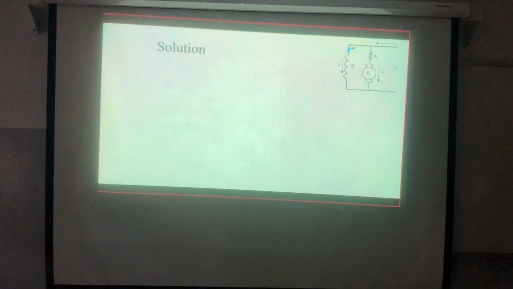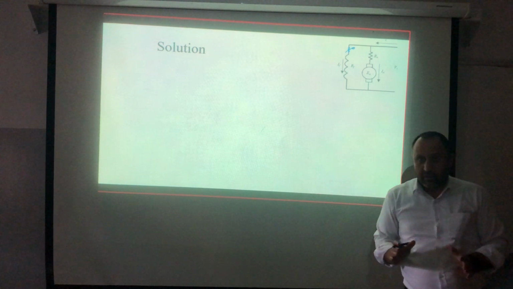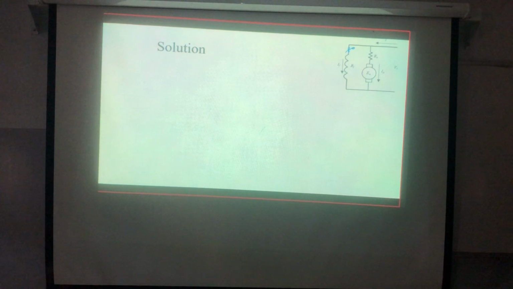In the first case, at the rated field without adjusting anything, the armature current is equal to what? It's given actually, I think the line current was 10, and the field current here was 150 over 150, which is 1. So this one, IA1, will equal 10 minus 1, which is 9 ampere.